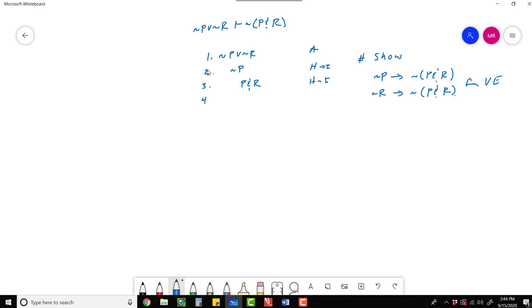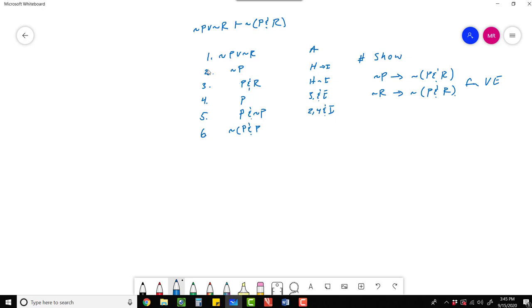I immediately see that I can get P by 3 and conjunction elimination, and that gives me P and not P by 2, 4, conjunction introduction. And so now I can discharge the negation introduction hypothesis.